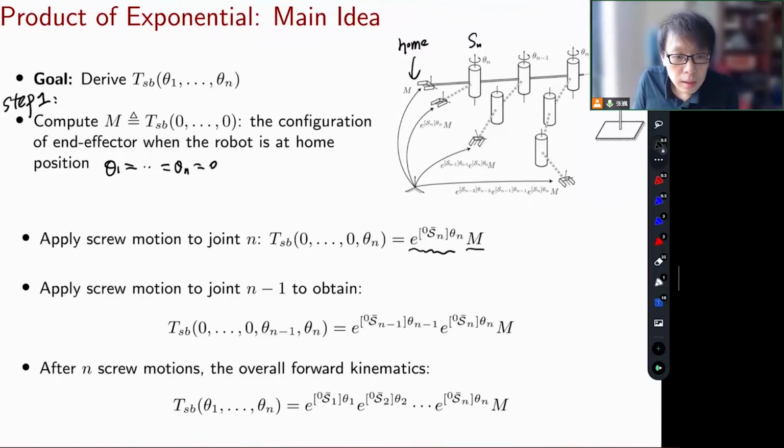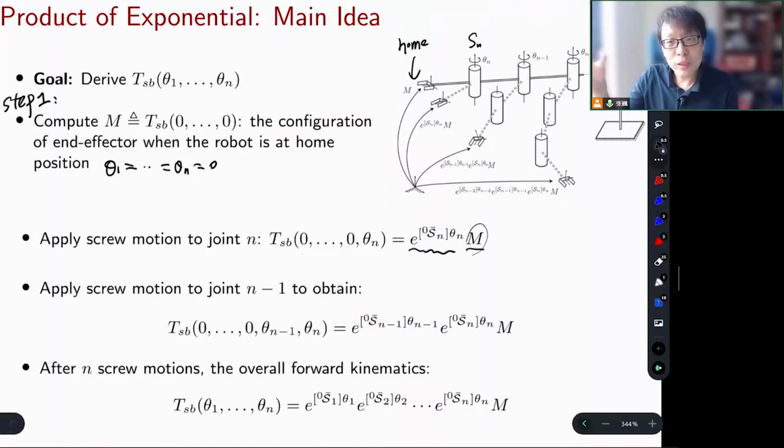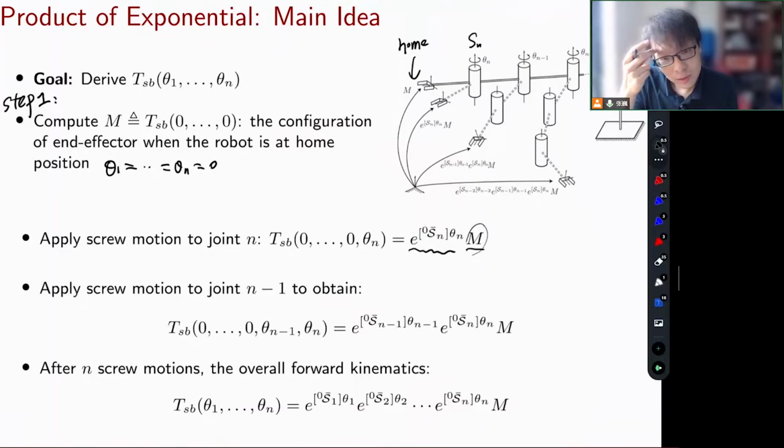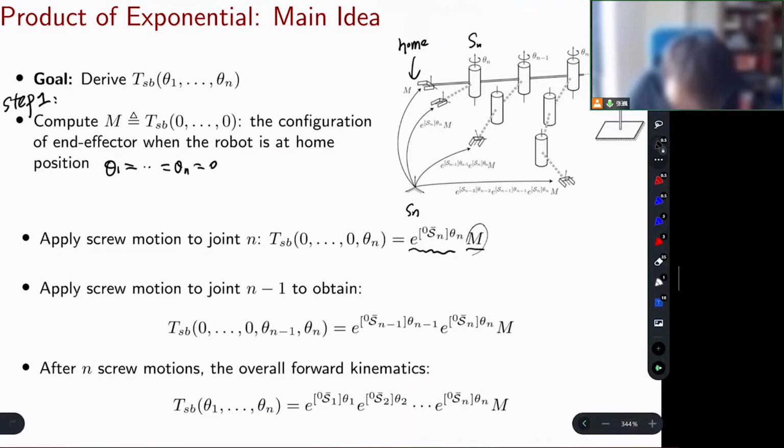It's this rigid body operator that rotates this frame about the Sn screw axis by theta n degrees. So why, I may ask Liuben, why is Sn at this time equal to Sn bar 0 based on our notation?